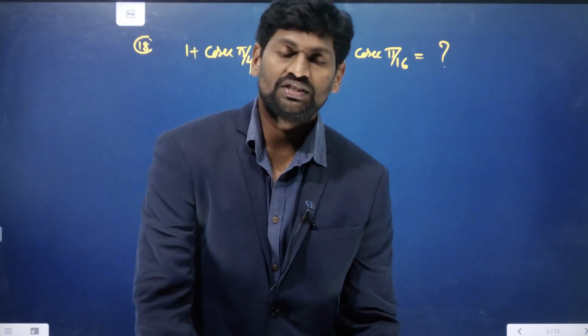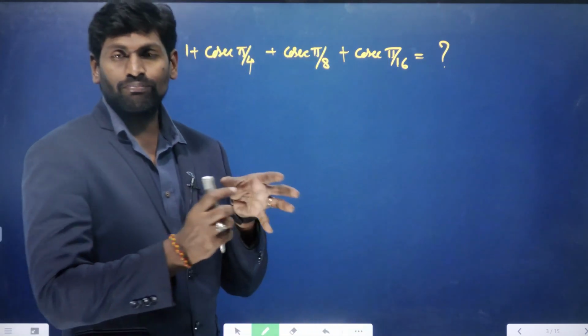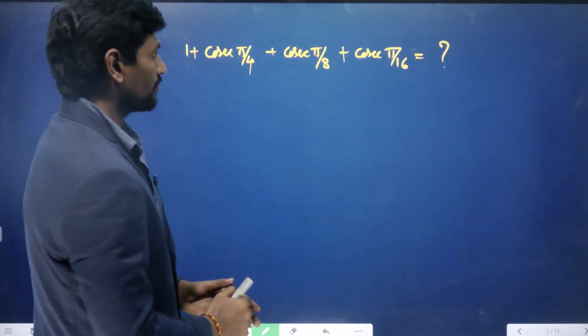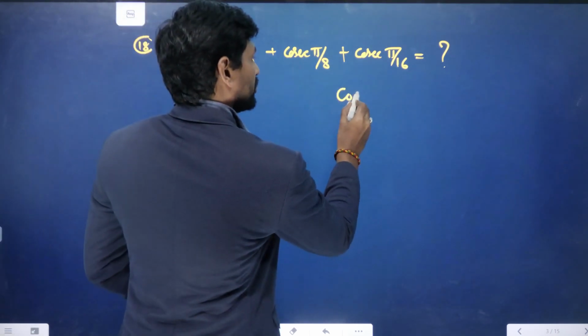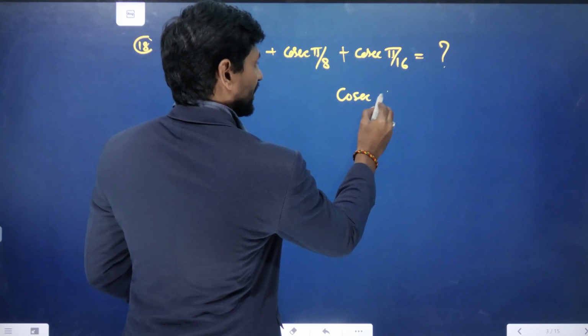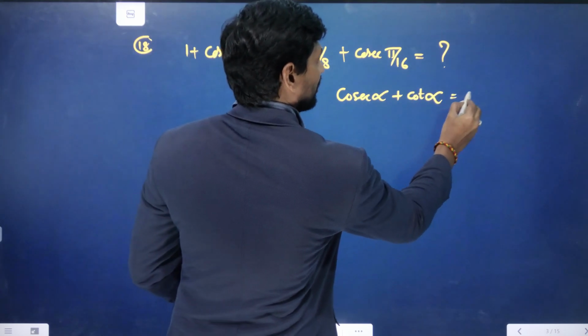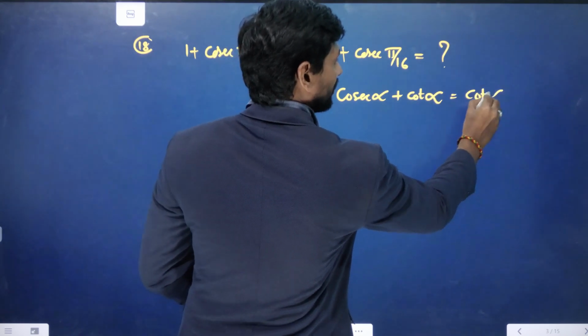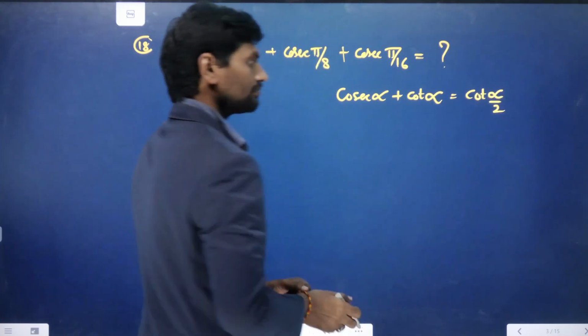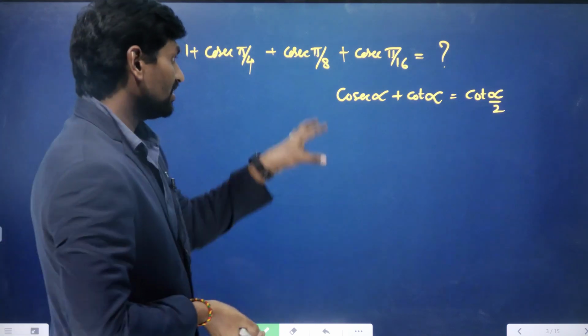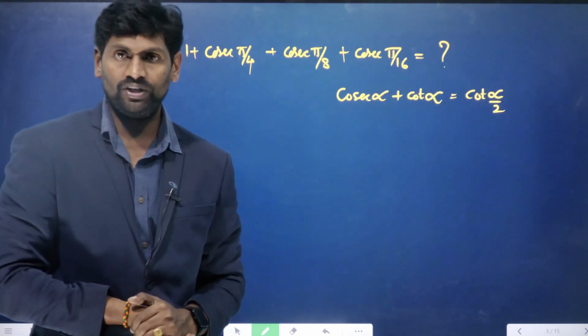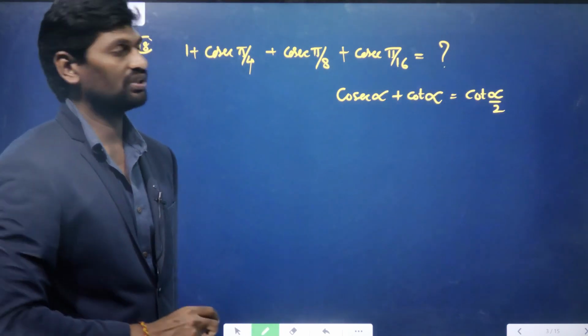But while you are doing this problem, we need to remember one condition here, that is cosecant alpha plus cot alpha gives cot alpha by 2. Cosecant alpha plus cot alpha becomes cot alpha by 2. Let us see whether it is true or not.